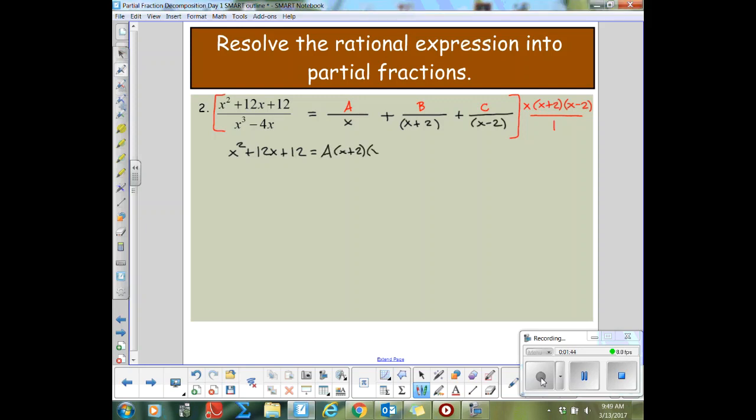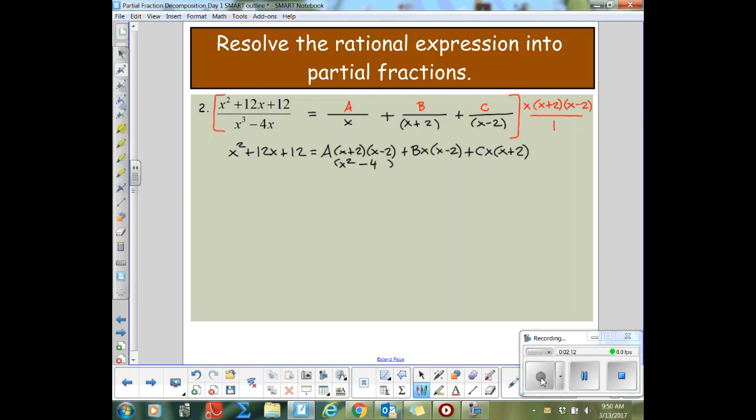The x factor cancels. I need to multiply B by x and x minus 2. And I need to multiply C by x and x plus 2. Right here, if I were to multiply those 2 factors, I'd have x squared minus 4.